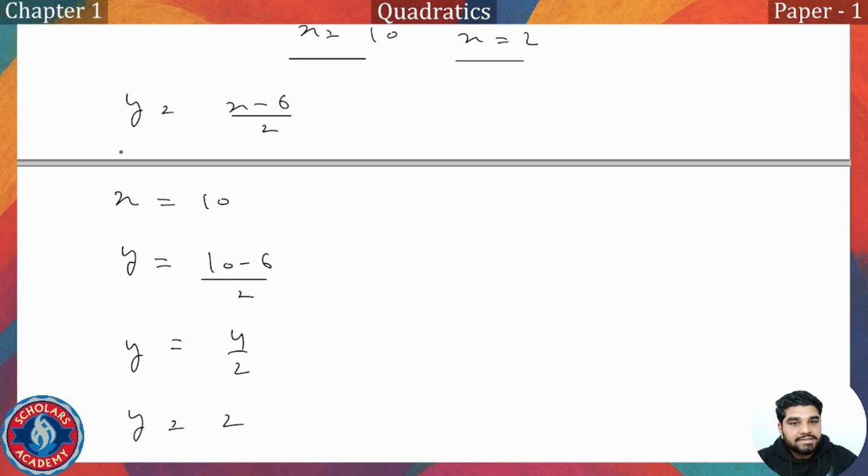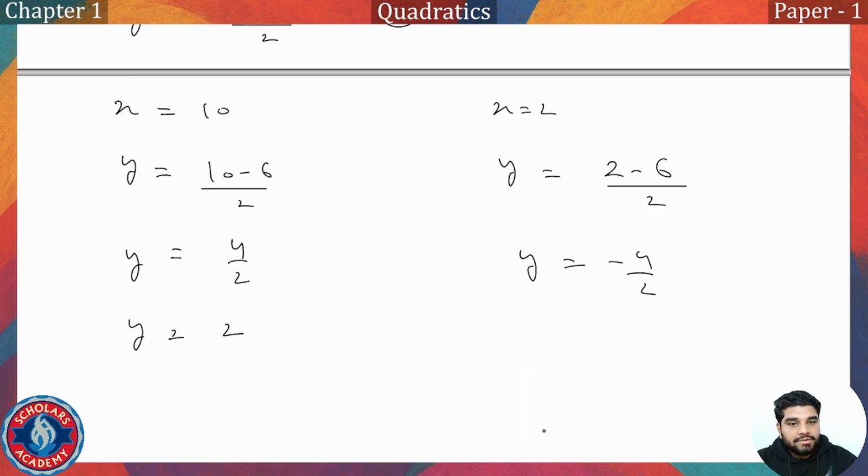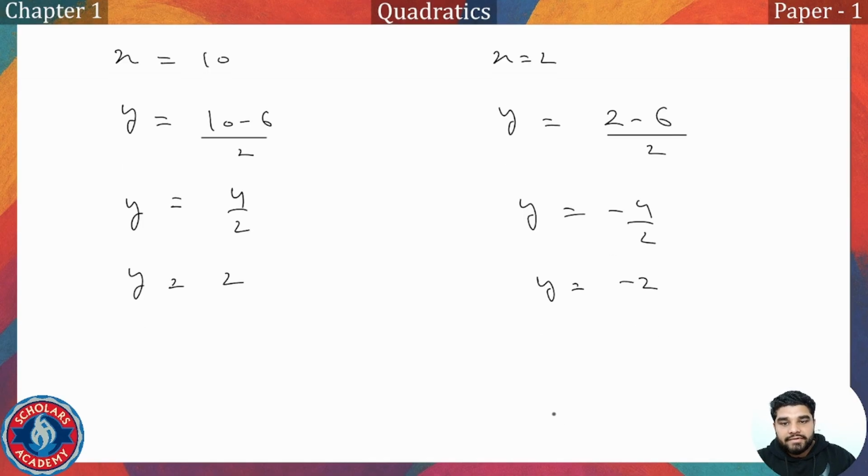And if I take x is equal to 2 and substitute this in equation 3, I will get y is equal to (2 minus 6) by 2. So I get y is equal to negative 4 by 2, and that gives us y is equal to negative 2. So the coordinates of the intersecting points are (10, 2) and (2, negative 2). So these are our answers.